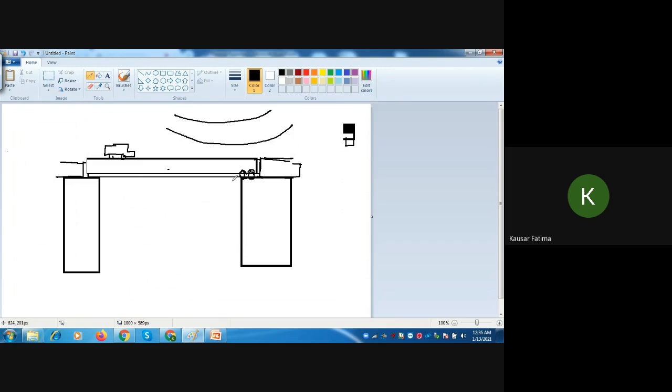So gaps are left in bridges, and they are laid on rollers to allow for movement during expansion. In the same way, railway tracks also have gaps, so that when they expand, the gaps are filled in, and when they contract, they come back to normal size.